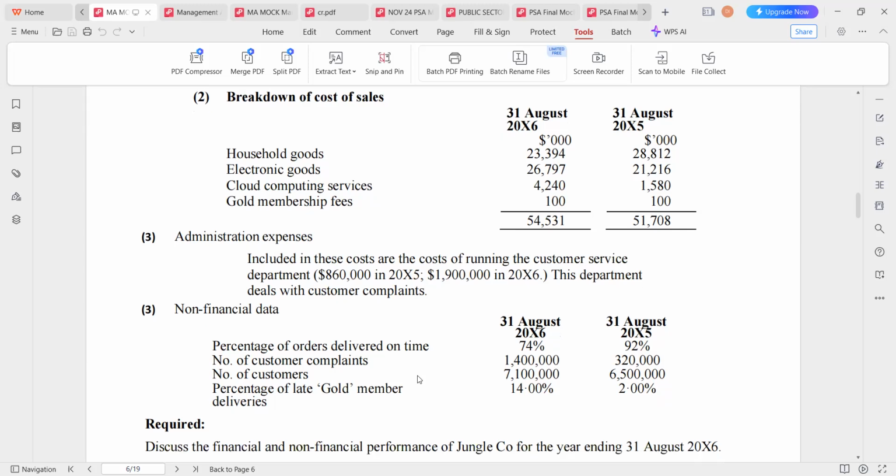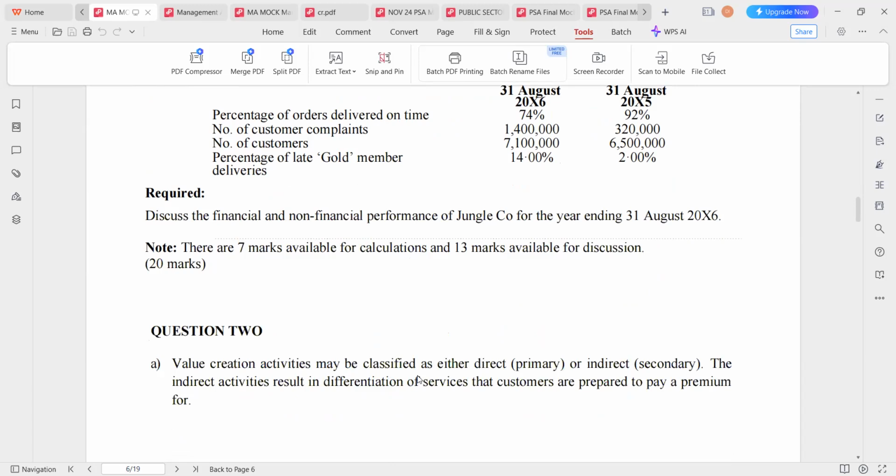So you only do your calculation and write your reports, for 20 marks. All right, so basically that's all.